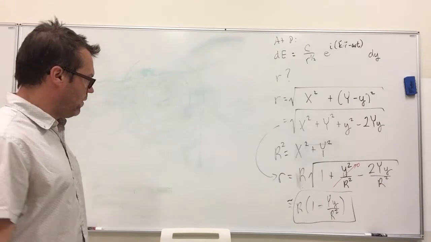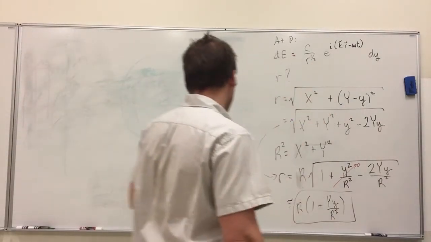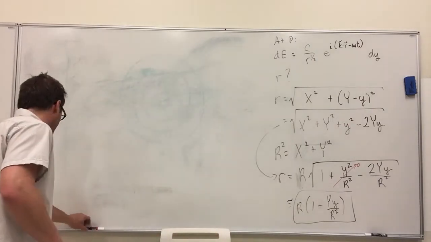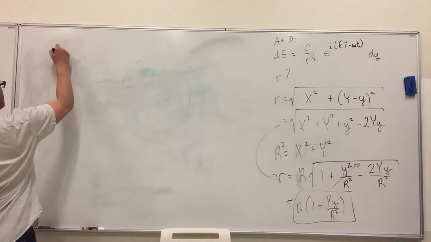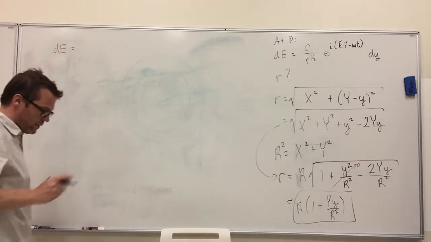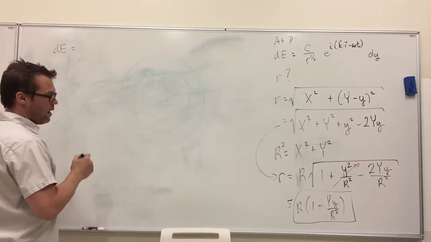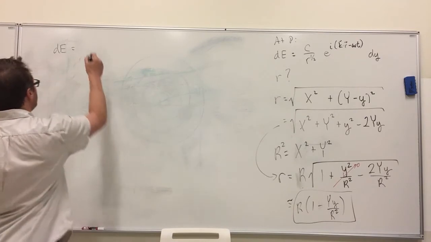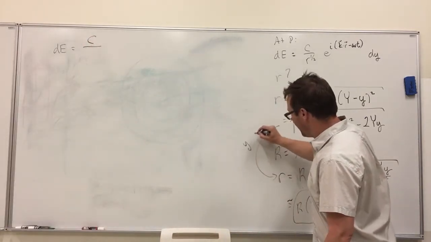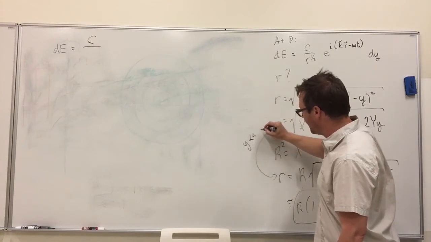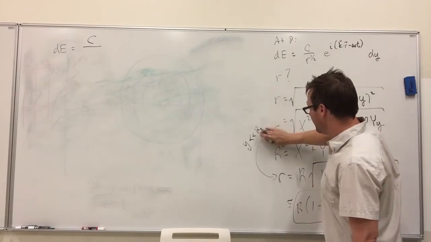Now I'm going to take this approximation and plug it into this expression. The dE, the contribution to the total electric field of that small piece, is going to be C. By the way, let me reiterate, the assumption here is that y is much less than r.